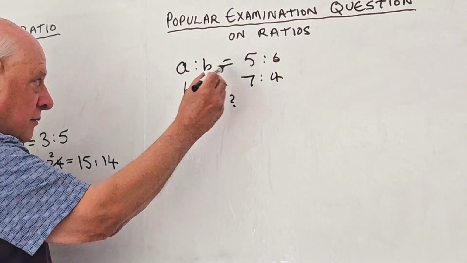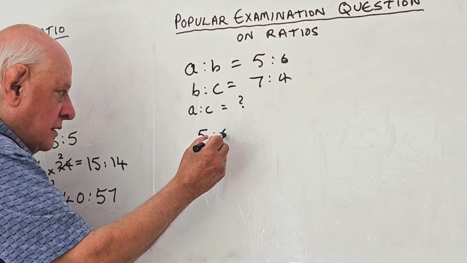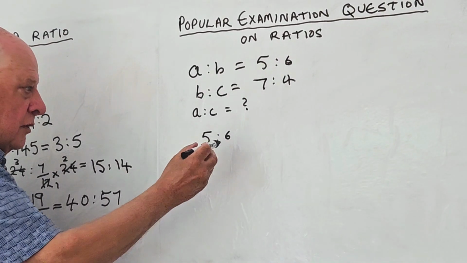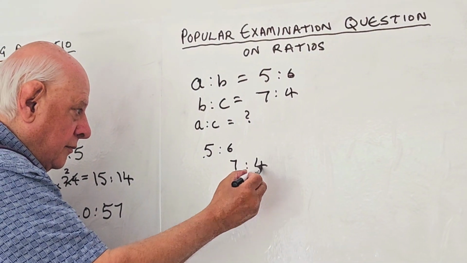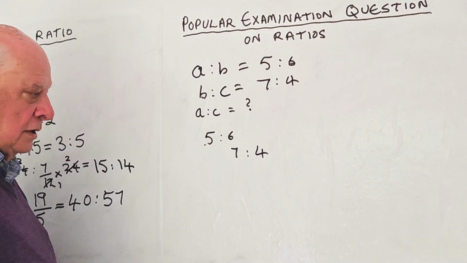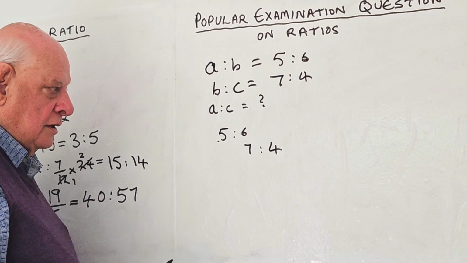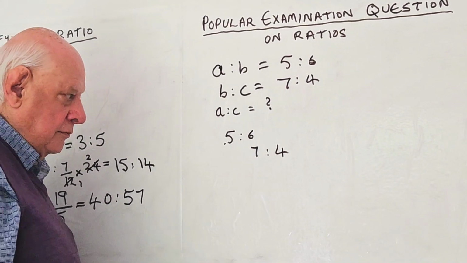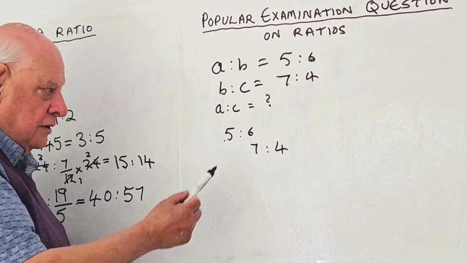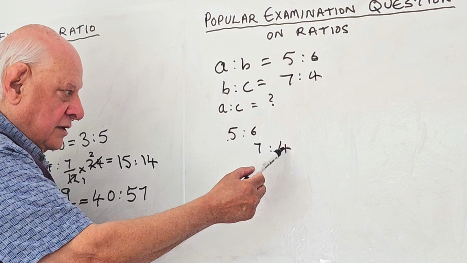Right, let's write the first ratio there as 5 to 6, that's A to B, and the second one, B to C, as 7 to 4. Now what we have to do is multiply both of these ratios in such a way that these two parts are equal. And the obvious way of doing that is to multiply this one by 7 and this one by 6.